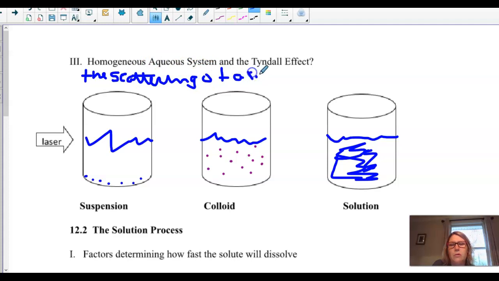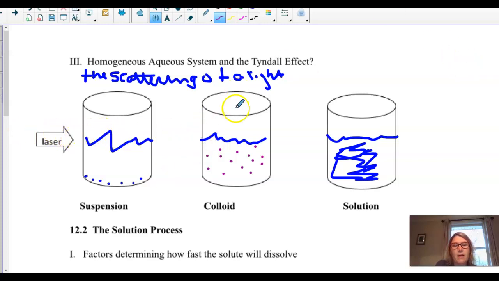So what you would do is you would take a laser pointer, this is over here, and in order to determine if it's a suspension or a colloid, it would pass through. Well, the laser is not going to pass through the suspension because it has no particles to scatter it. It would shine through in the colloid.